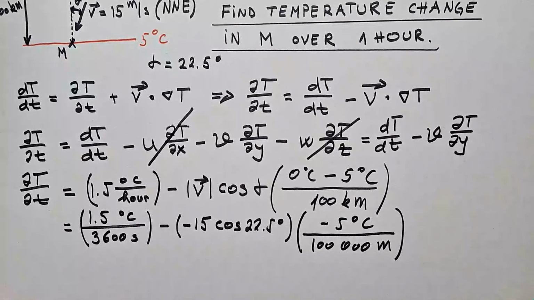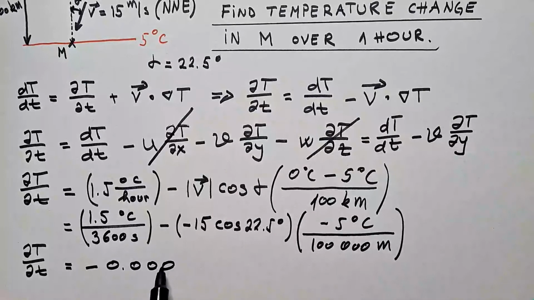If we take a calculator and calculate this, we will get that ∂T/∂t is equal to minus 0.000276 degrees Celsius per second.